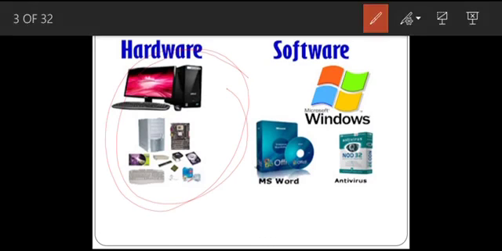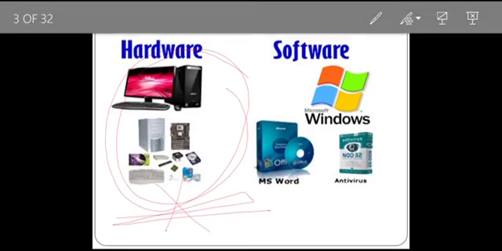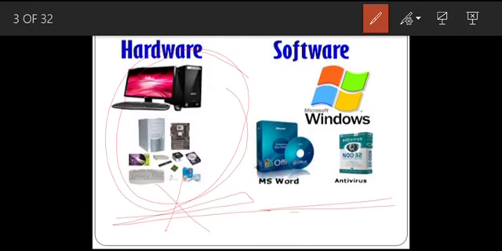But these hardware components alone cannot do anything. They have to be given instructions to perform any task. So for this, software is used. Software is basically a set of programs and related data that are used to give instructions to the hardware.